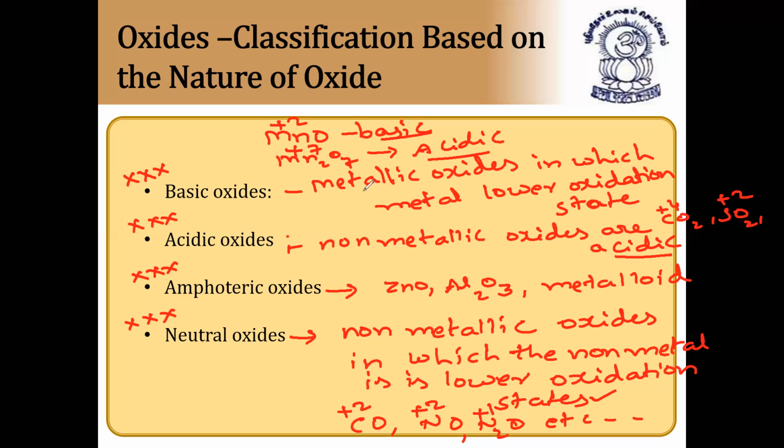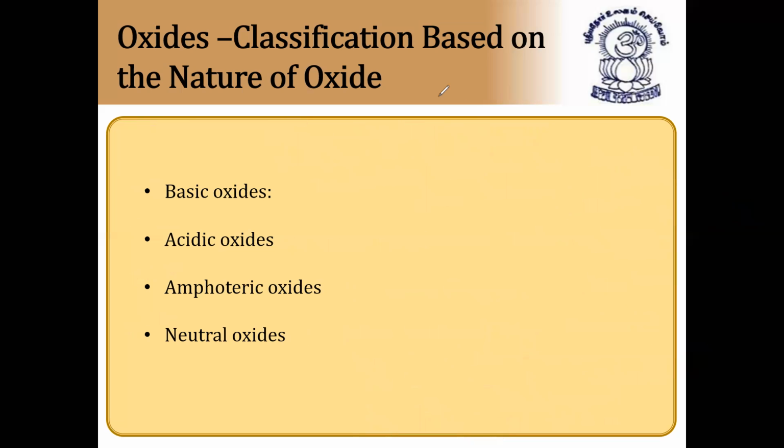And basic oxides, almost all the metallic oxides are basic, in which the metal is in a lower oxidation state. If the metal has a higher oxidation state than expected, it is supposed to be acidic. I hope it is clear. So these are the different types of oxides: basic oxides, acidic oxides, amphoteric oxides, neutral oxides. Please note down all these, very, very important. I hope it is clear. Next.